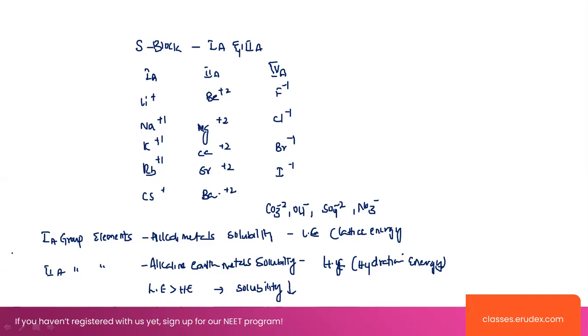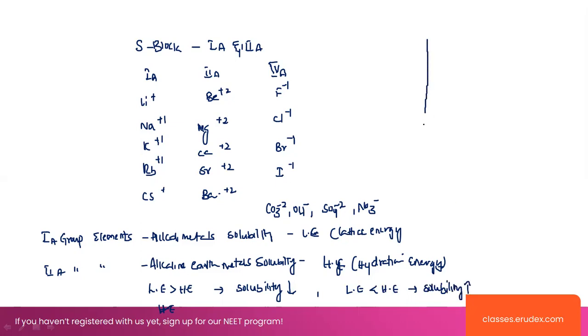So whenever there are more attractions, they will not dissociate in water, so solubility decreases. Whenever dissociation of ions is more, that means hydration energy is more, or lattice energy will be less than the hydration energy, automatically solubility will increase.